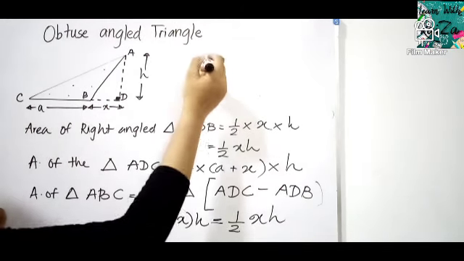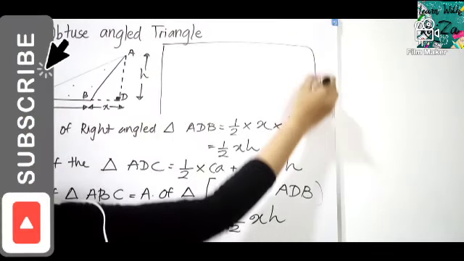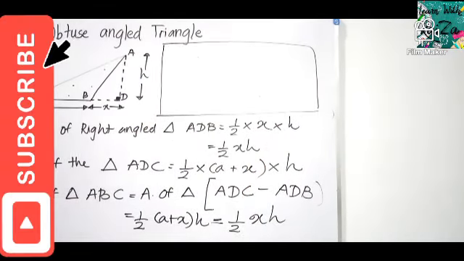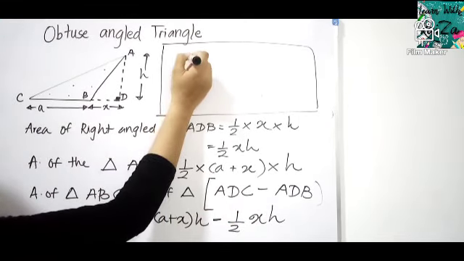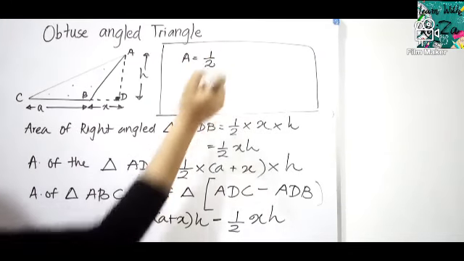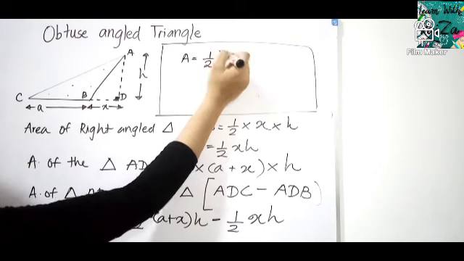Now let's take the common terms out. I'll do it here. Look carefully at this place. Don't get confused. The common term: half is there in both, so I'm taking half out. H is there in both, take H out.